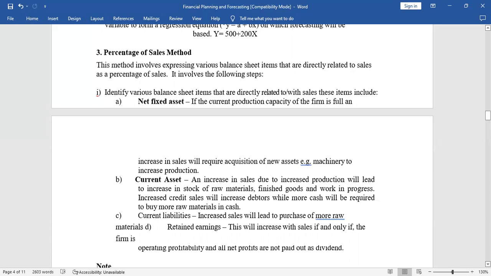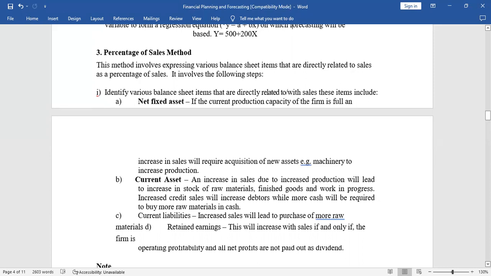And common size was making use of one item of the income statement, which is the sales, and on the balance sheet, you are using total assets as the element out of which all the other items will be rated, or you'll be getting the percentage of.